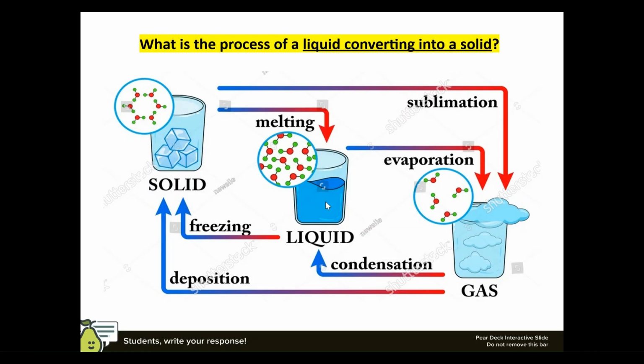And if you take the temperature of that liquid and you begin to freeze it, and you start getting it really cold, it becomes a solid. So you can go from a liquid to a solid, and that process is called freezing.